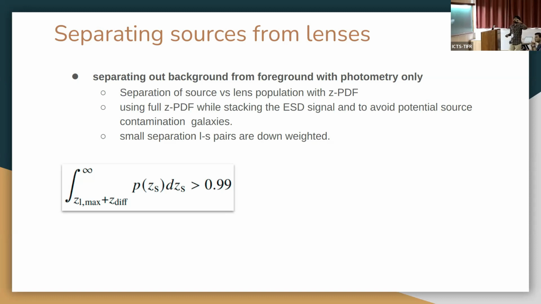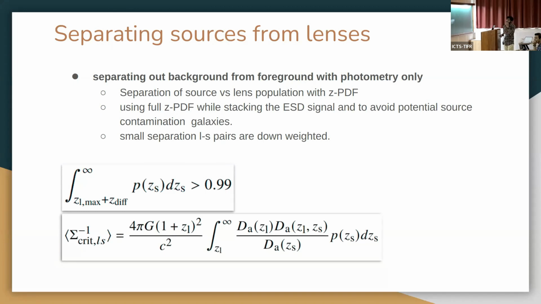You say that if the overlap of the source redshift PDF is greater than 99%, plus some factor here, only then you take it as a source. Otherwise, you just skip it, because there is a high chance that it could be a galaxy related to the lens distribution. These kinds of contaminants, if you don't remove them, contribute to your lensing signal and dilute it, and then your interpretations will be off.